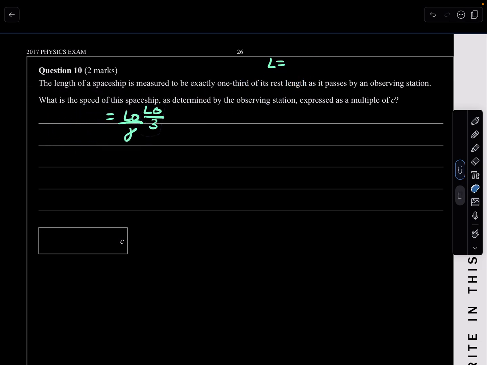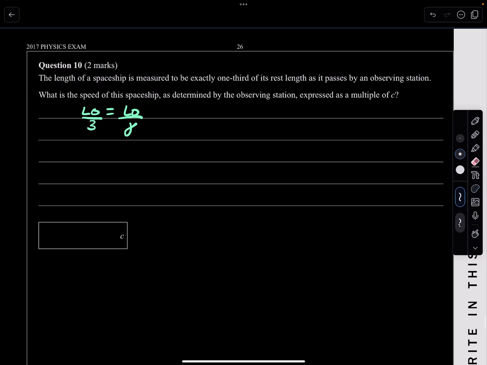I can take this part and bring it over there. And we get a nice relationship. These cancel out. It's telling me your proper length is equal to the top part, of course. So it means your Lorentz factor should be equal to 3. That's important. Your Lorentz factor is equal to 3.